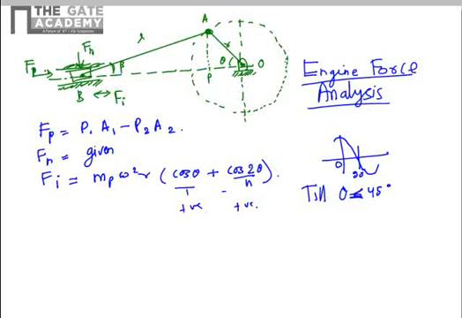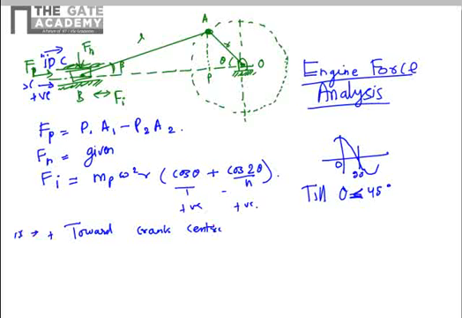Our original convention for derivation was that the displacement x is from the IDC, the inner dead center. So x is positive towards crank center.